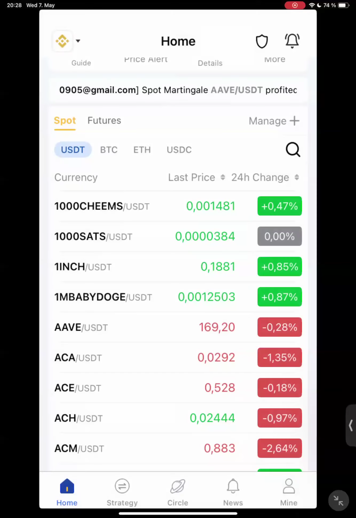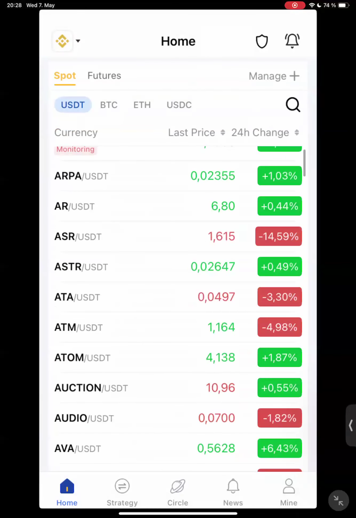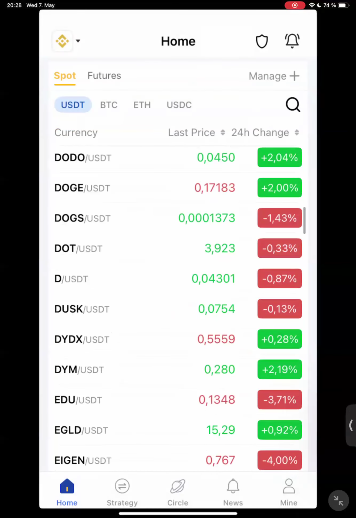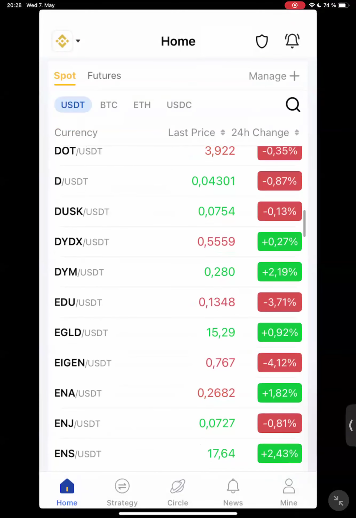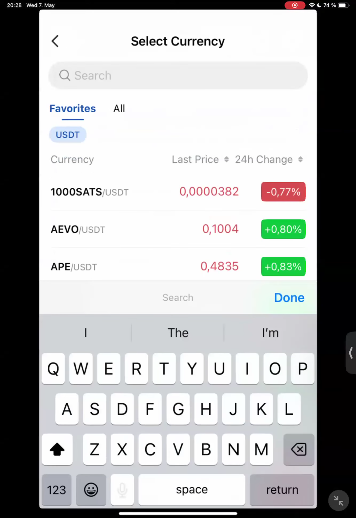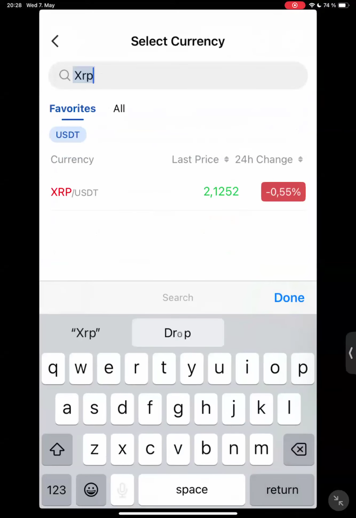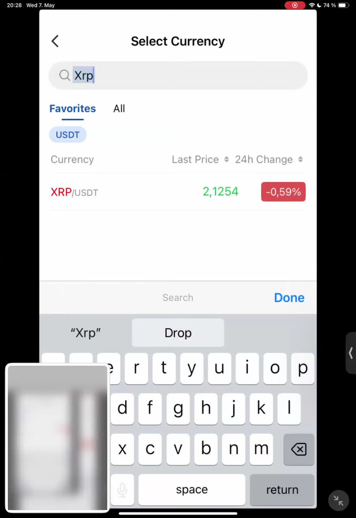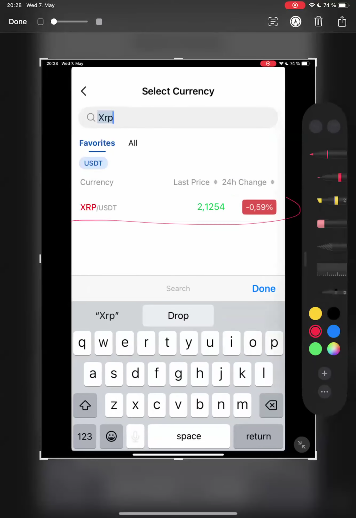So instead of me scrolling through, just tap on the search button, then type XRP. It brings it out. Once it brings it out here, just tap on it. Don't go and tap on return or done. Once you tap on return or done, it will remove everything. So just tap on the result.